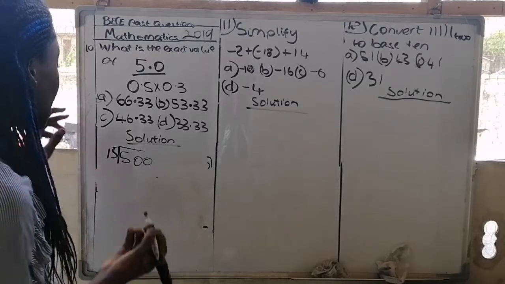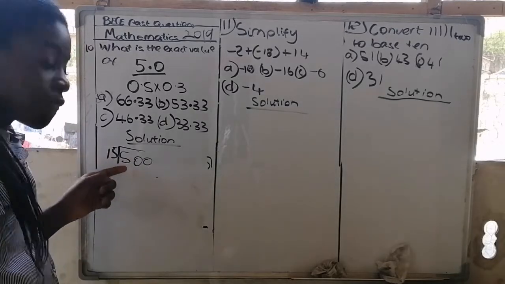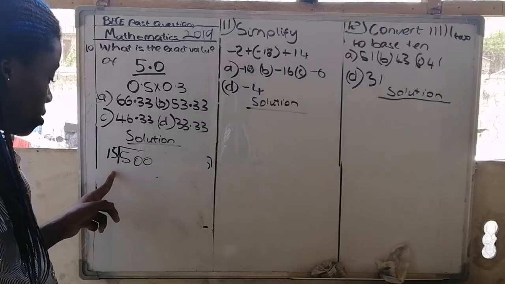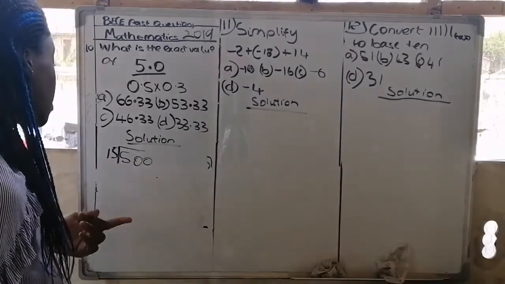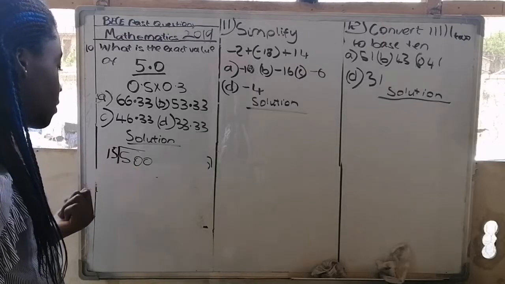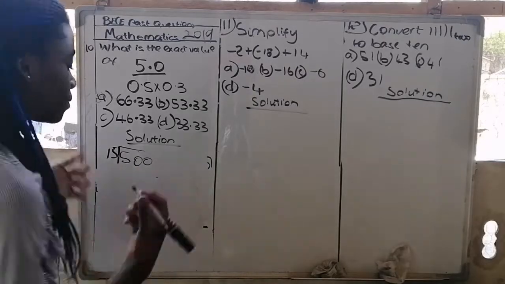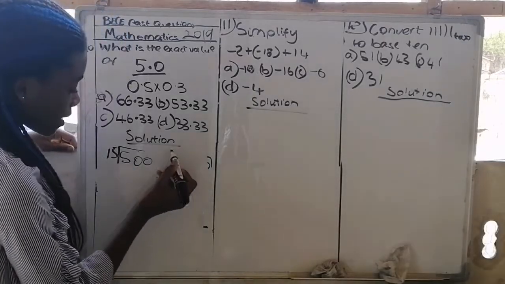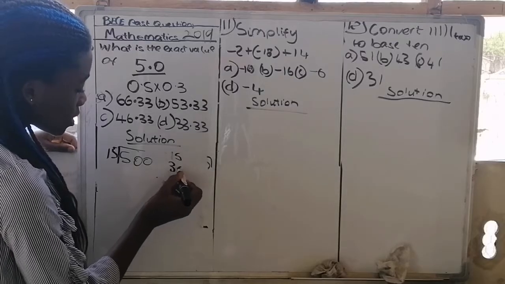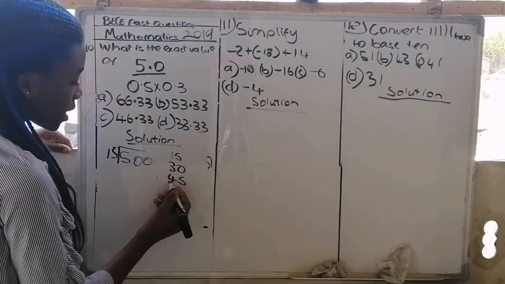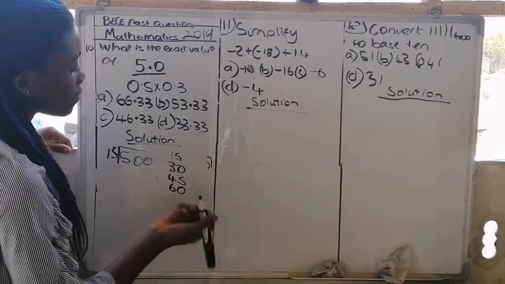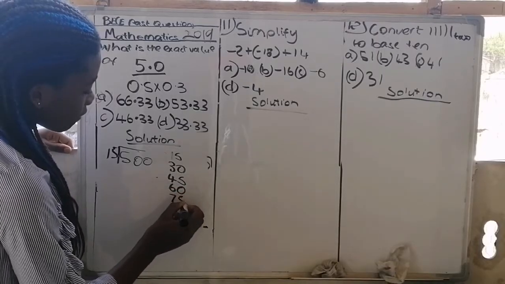Since 5 cannot be divided by 15 because 5 is smaller than 15, let's take 50. So now 50 divided by 15, we have to start solving. 15 times 1, 15. 15 times 2, 30. 15 times 3, 45. 15 times 4, 60. 15 times 5, 75.